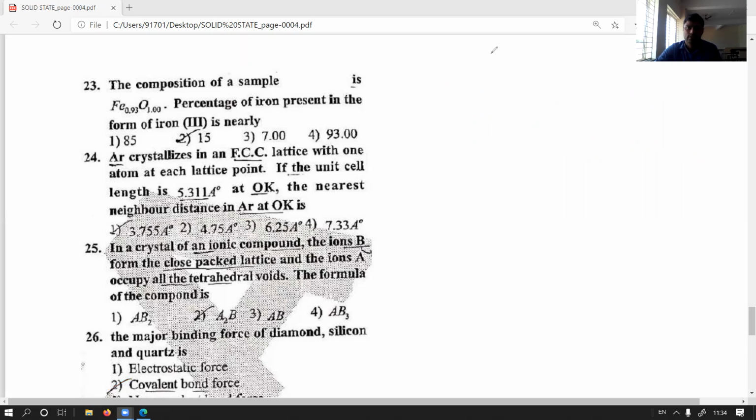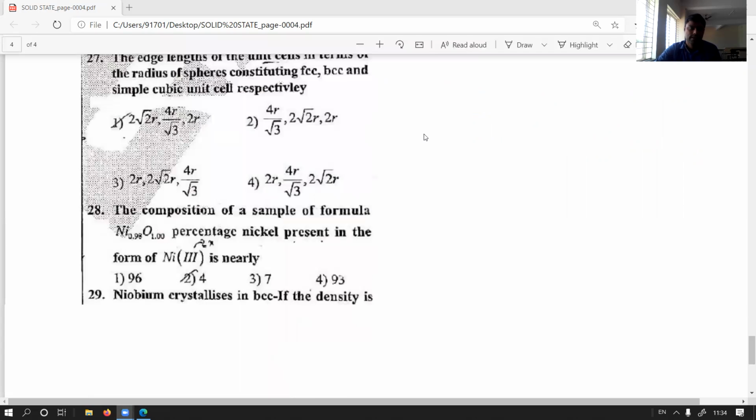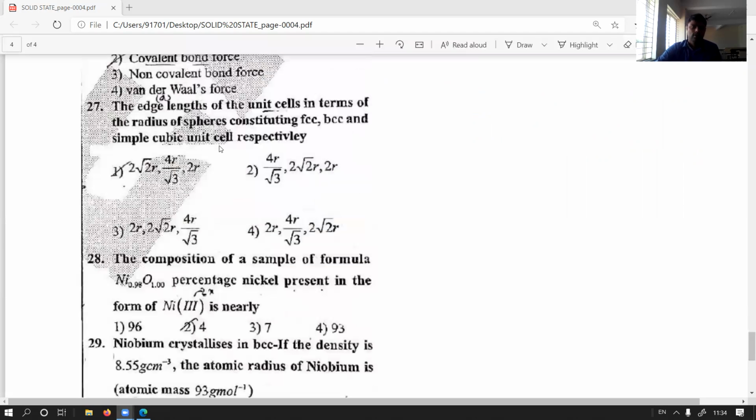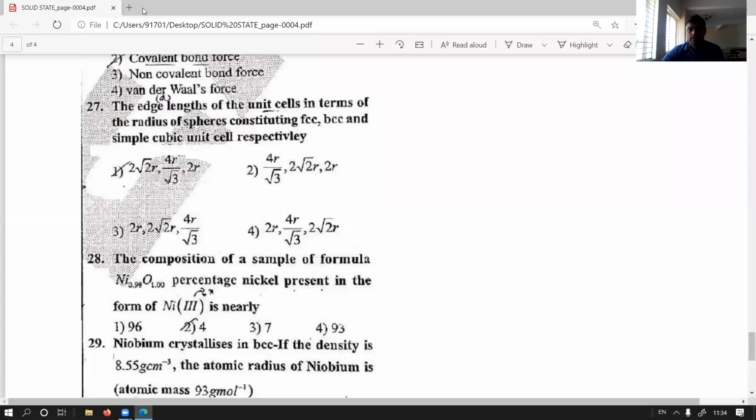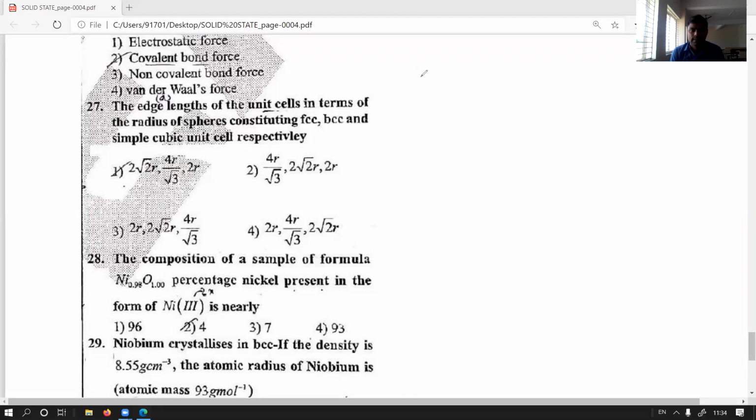Next, let's see 27. It is direct, theoretical. They asked the edge lengths of unit cells in terms of the radius of the sphere for FCC and BCC.